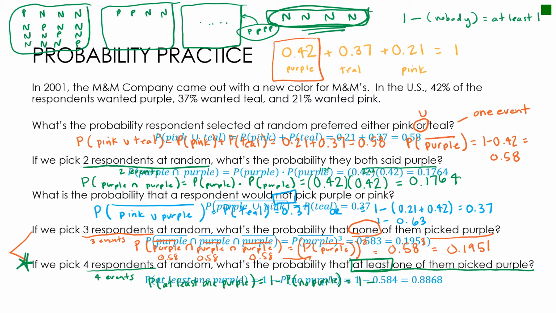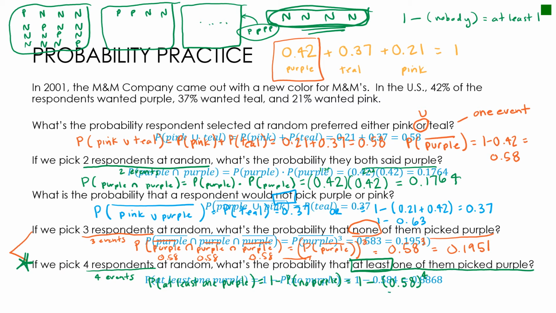Just like I did in the previous question, I'm going to say the first person didn't pick purple, that's not purple, and then the second person didn't pick purple, which would make that 0.58 squared, and the third person didn't, which would make it 0.58 to the third, and the fourth person didn't, which would make it 0.58 to the fourth.